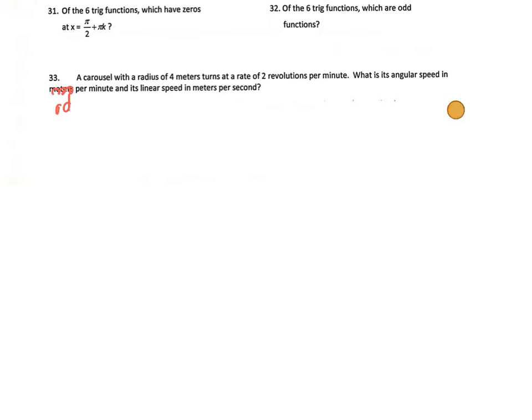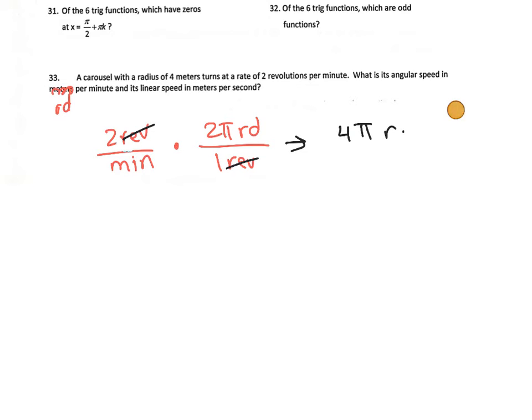Okay, so I have 2 revolutions per minute, and if I want to find radians per minute, then I need to change from revolution to radian. So remember, 1 revolution is 2 pi radians. So then the revolution cancels out, and I will get 4 pi radians per minute, and that's the angular speed.